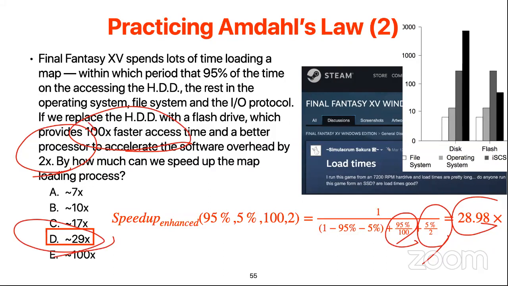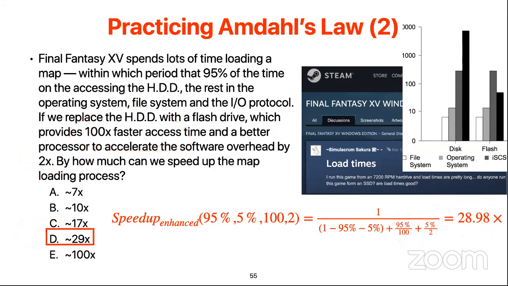So even though the processor improvement is incremental, if you are rich, getting a faster processor will probably help you a little bit, but just not as significantly as what other parts will give you.